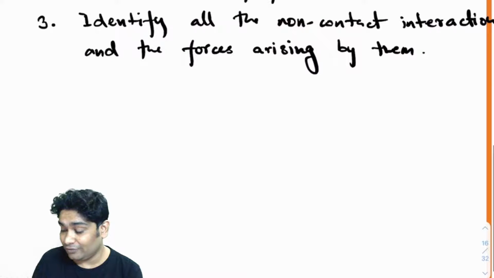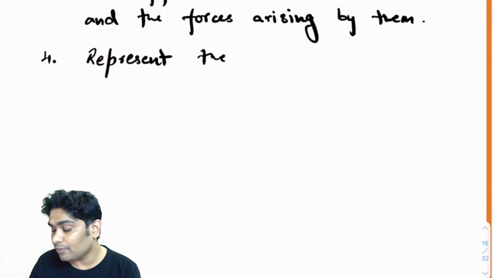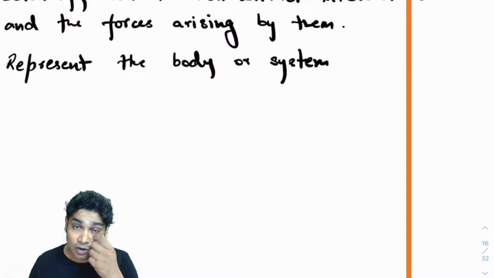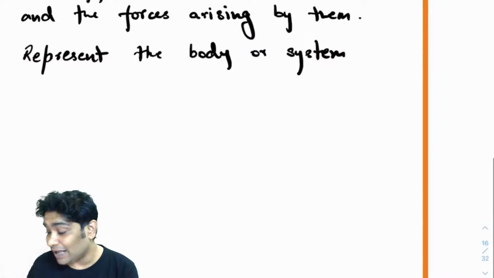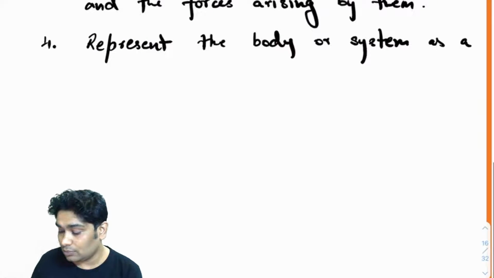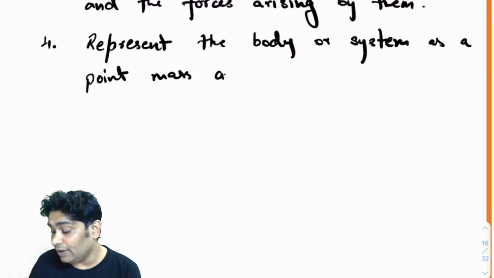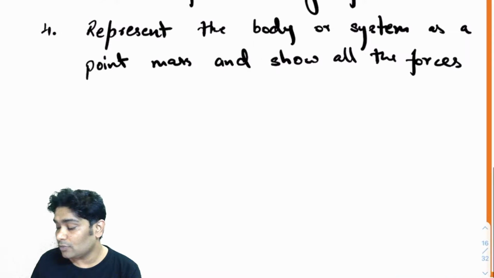All right, finally, represent the body or system. So first you will also identify a system. So represent the body or the system as a point mass and show all the forces acting on it.